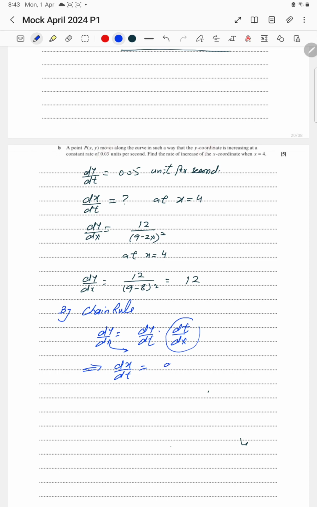So dy by dt into dx by dy, it means the reciprocal of this. So it is 0.05 divided by 12, so 1 over 240 or 0.004 units per second. That is the final answer for the rate of change of x, and x is increasing as well because the result is positive.